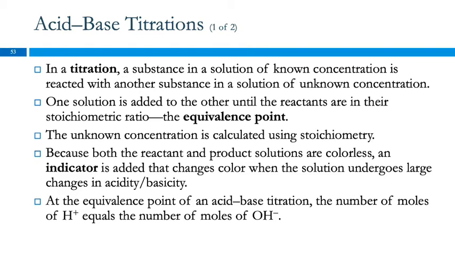So we can add one solution to the other until we see the color change, and then we know that we are very close to the equivalence point. For an acid-base reaction, at the equivalence point, we have the number of moles of hydrogen equal to the number of moles of hydroxide.